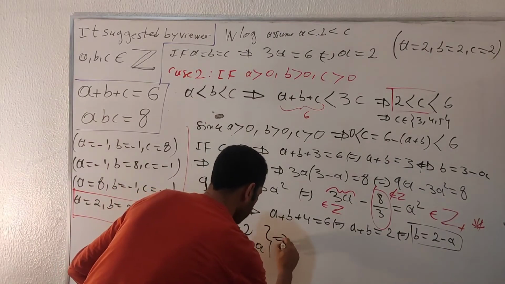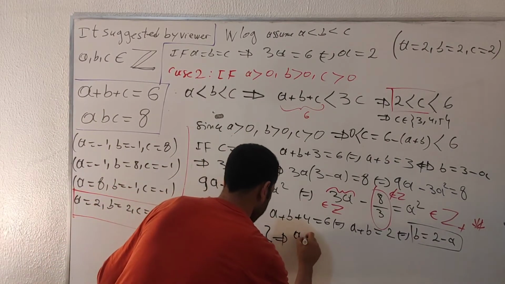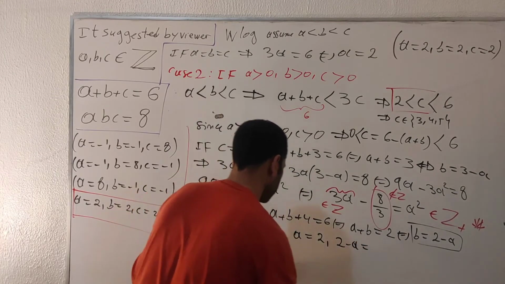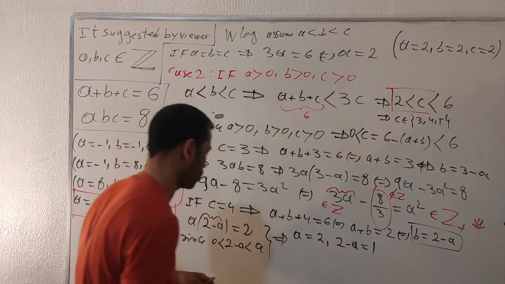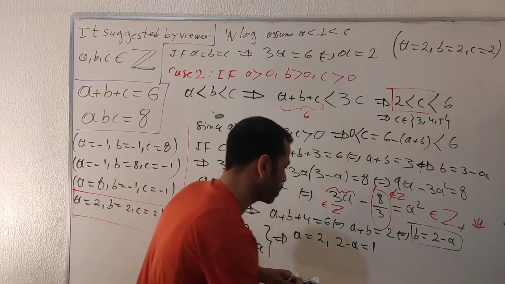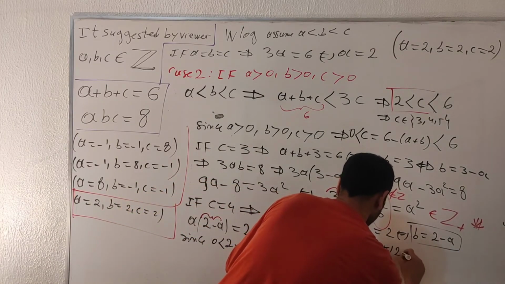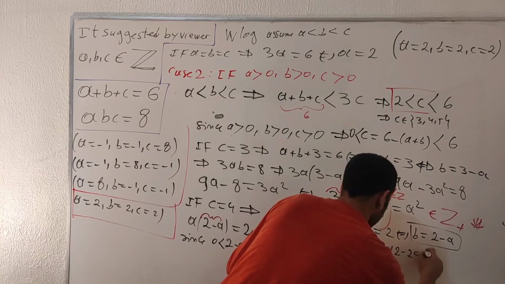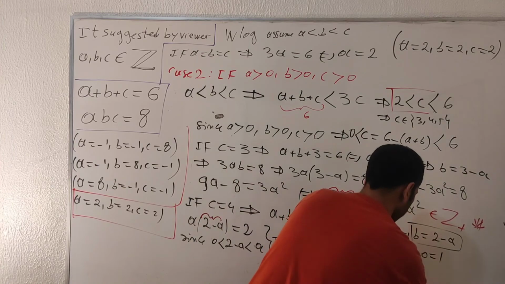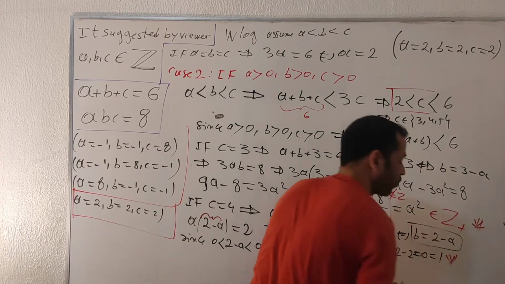By using this condition, A must equal 2, but 2 minus A must take the value 1. Plugging in 2 into this one, I get 2 minus 2 equals 0, which equals 1. It's clearly a contradiction also, because we found 0 equals 1.